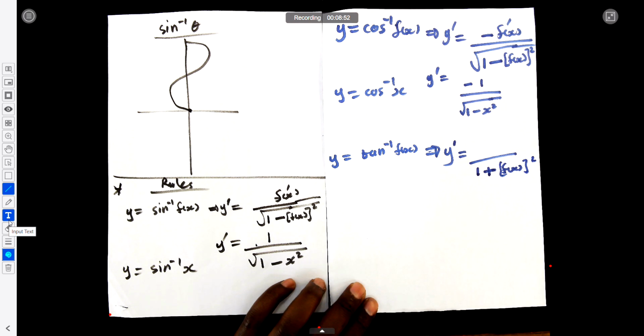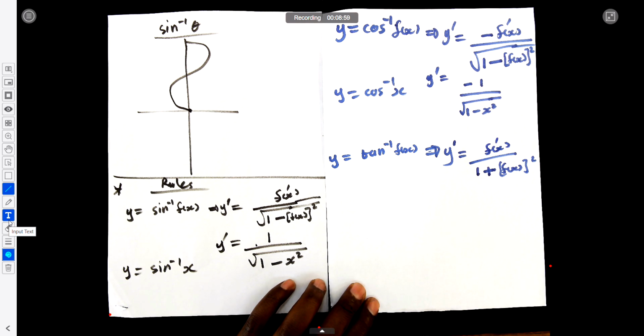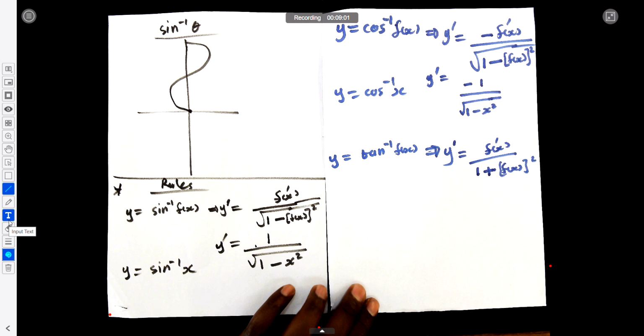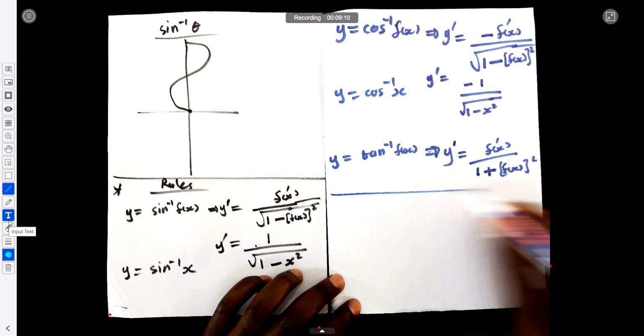This one is not underneath the square root, so it's f of x all squared. Then in the numerator we multiply by the derivative of f of x, which is f prime of x. For x, we'll have 1 over 1 plus x squared. That is the derivative of arctan.